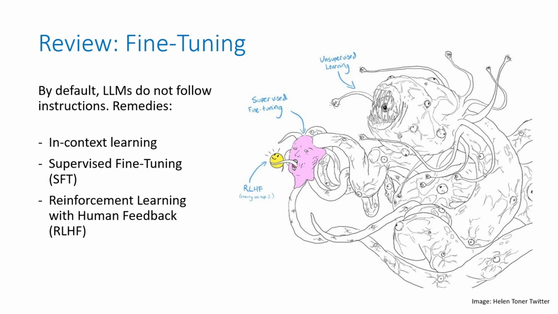The third method is reinforcement learning with human feedback, aka RLHF, which is the subject of this mini-series. Note that you can combine these methods. For example, GPT-4 is fine-tuned through RLHF, so it follows instructions, but you can still get better results if you give it some examples of what you want it to do.